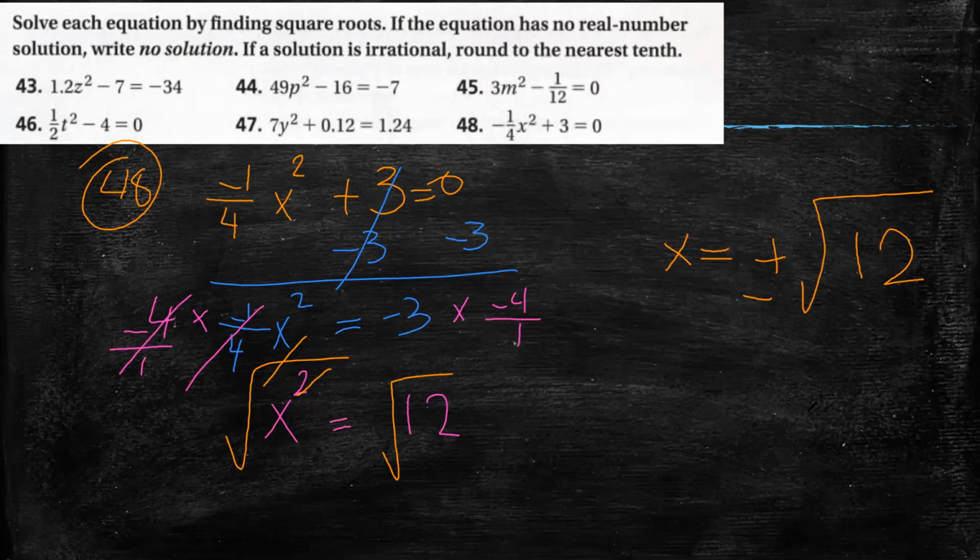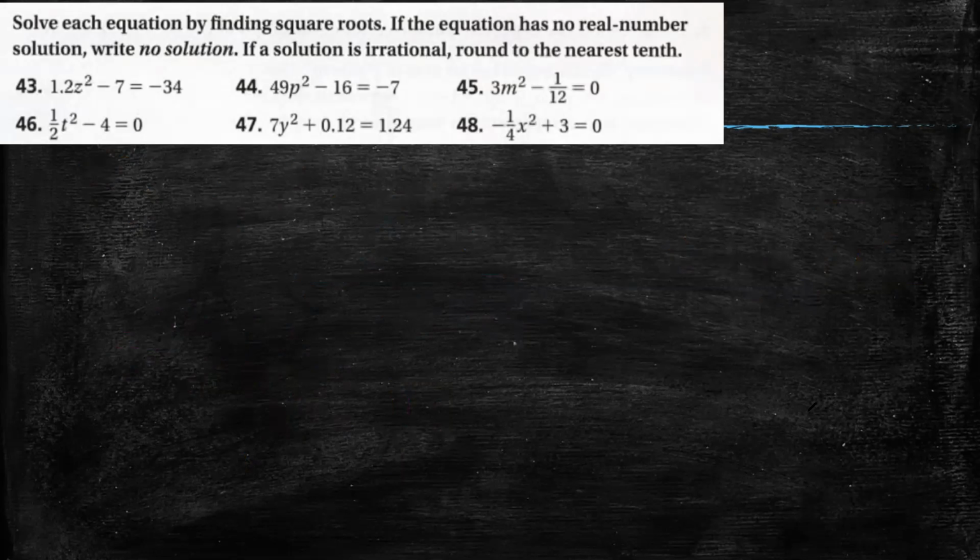Wait, teacher. Once again, Dana, can you please repeat it? Only 48. Teacher, I didn't understand. Is negative 1 over 4 multiplied or divided by x to the power of 2?